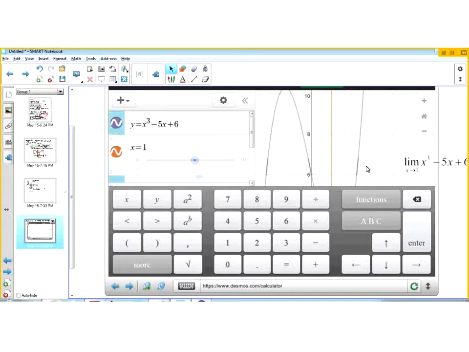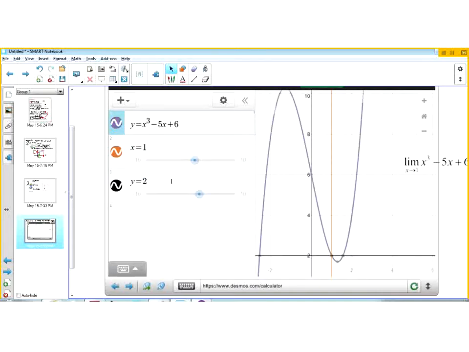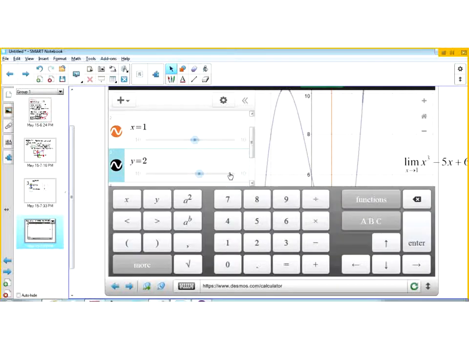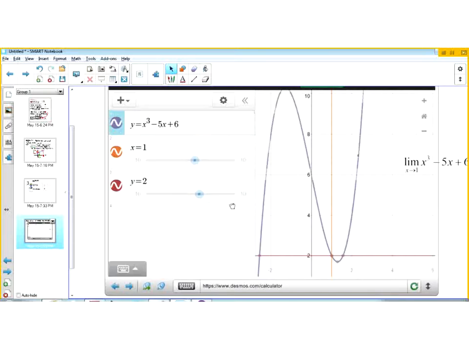And then y is equal to 2. Okay. Shown in black. So does it not show y equals 2? Please show. It doesn't show y equals 2. All right. It's too bad. Oh, yes, it does. It does show.